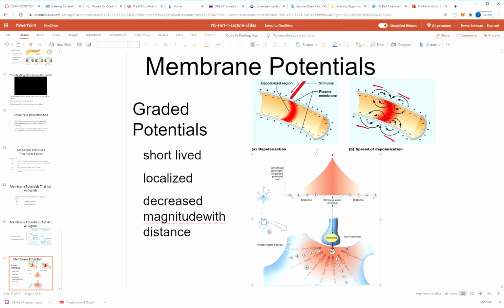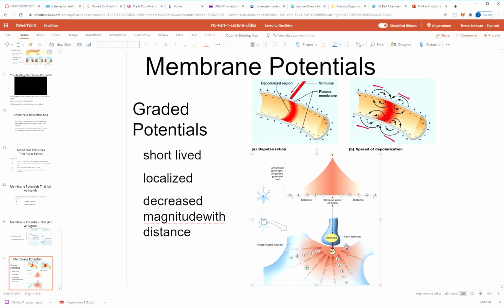It's zoomed in on a junction between an axon terminal and a cell body or a dendrite. That's where graded potentials occur. This particular graded potential is occurring at a synapse. So an action potential has traveled down this presynaptic neuron, and it's now triggering a graded potential to form in this postsynaptic neuron, and that's what we're looking at here.